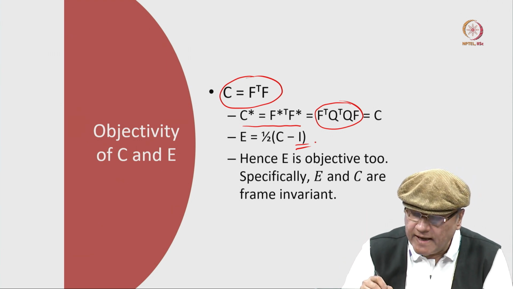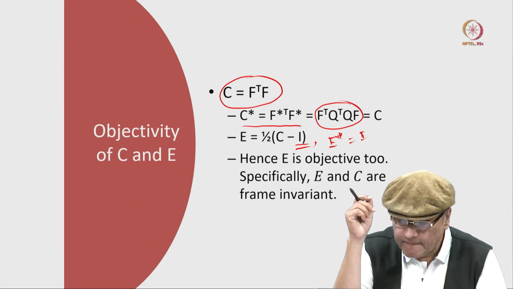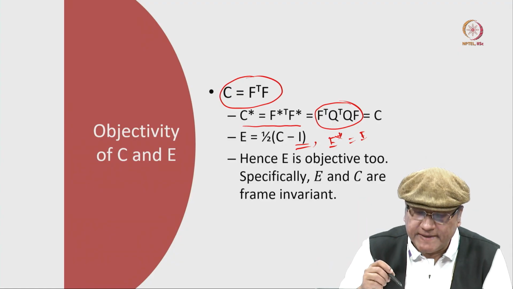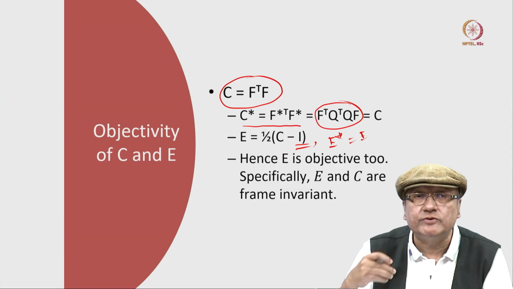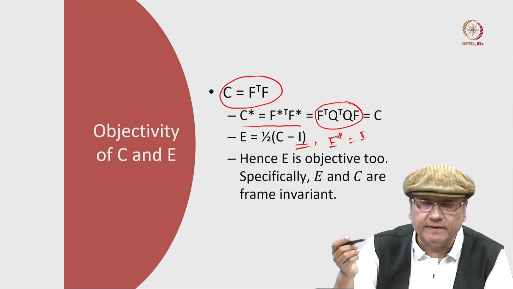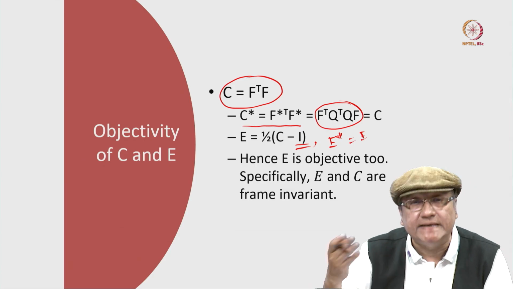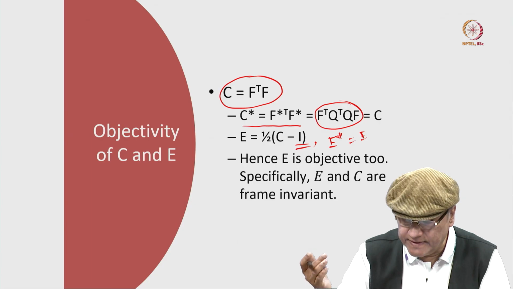So we clearly have E star is equal to E as well, because C star is C. So basically we can clearly see that this is not just material indifferent, this is coordinate invariant. So C and E are coordinate invariant.